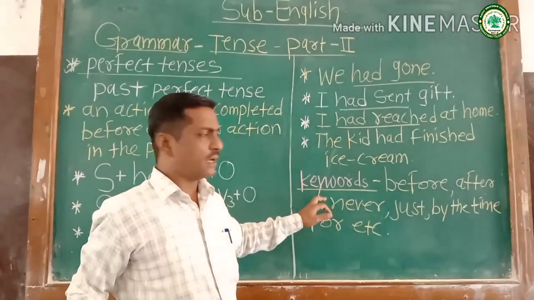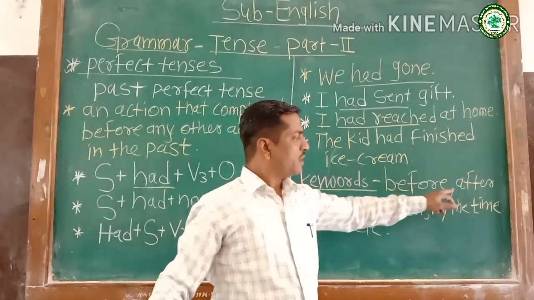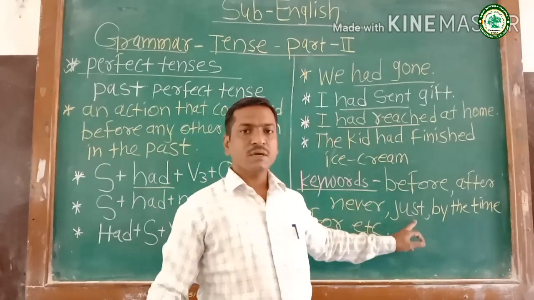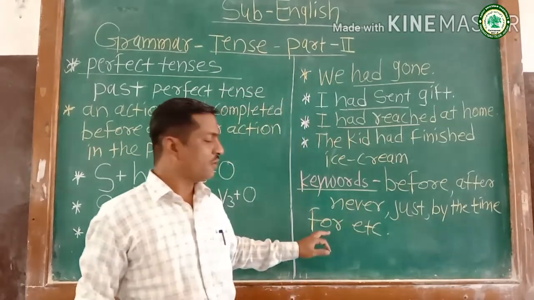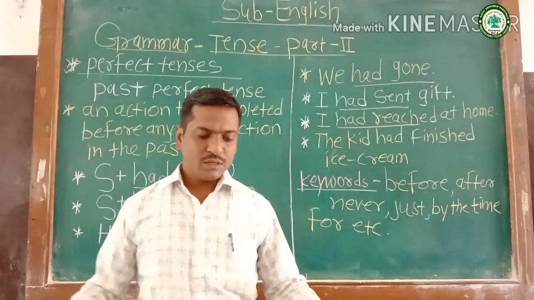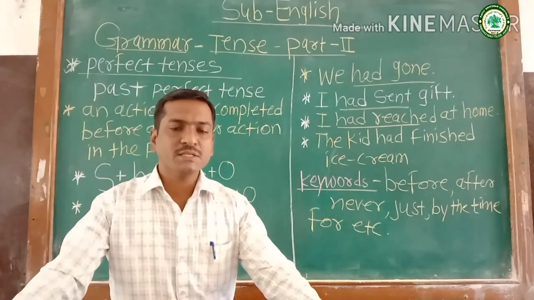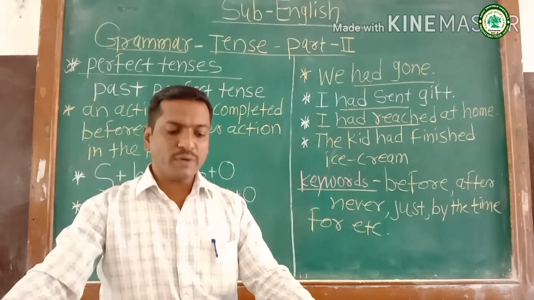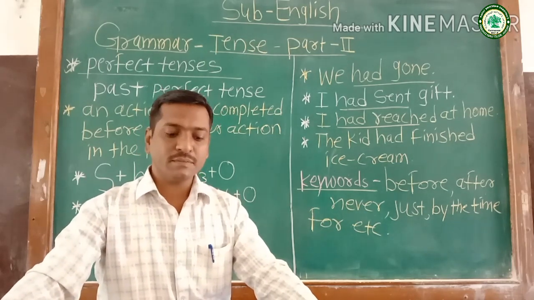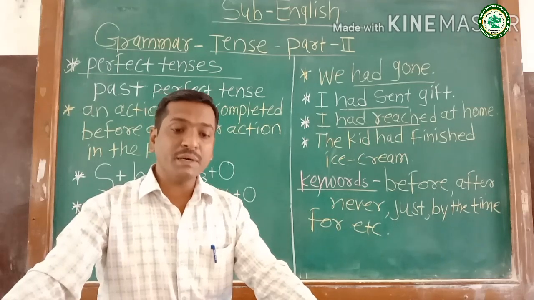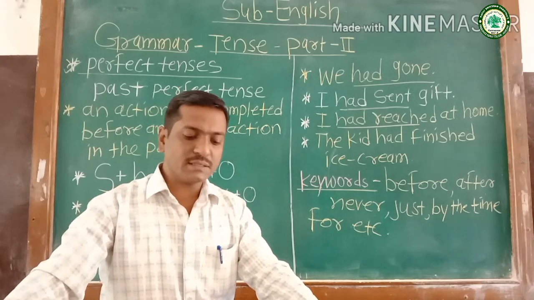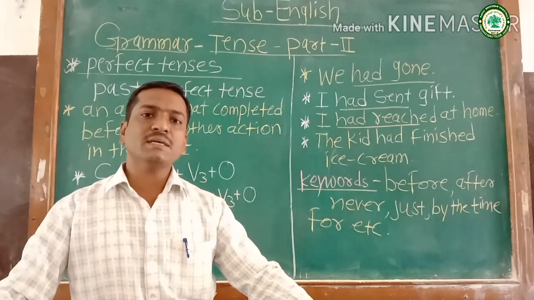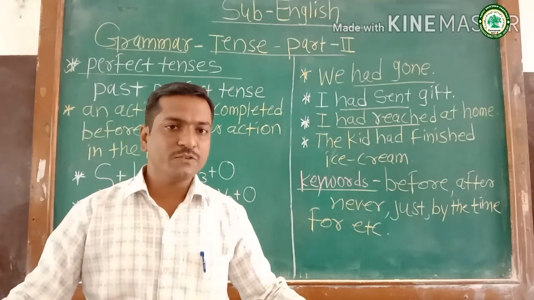The keywords are before, after, never, just, by the time, for, etc. Students, we use past perfect tense in order to express an action that had happened before something else in the past and was already fulfilled.